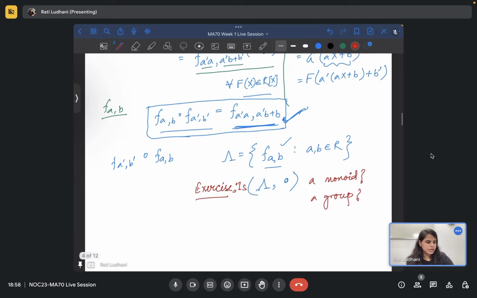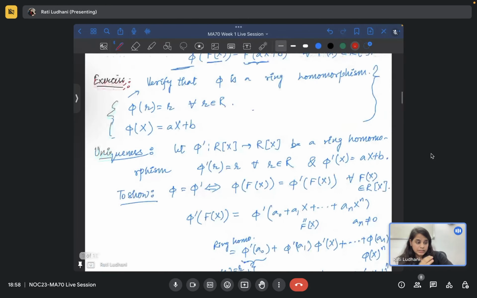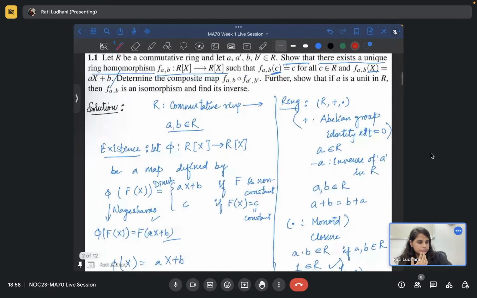Of course, I'm not sure. Let's say check this also: does it form an abelian group? You have an operation, you have a set, you can check these properties. So as an exercise you can try this. Okay, let's see, now what is the next part?